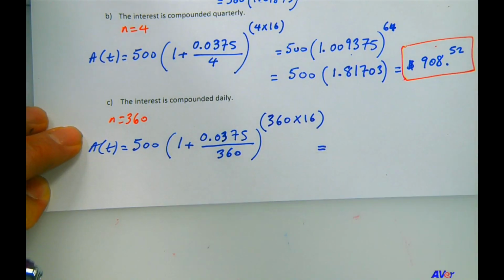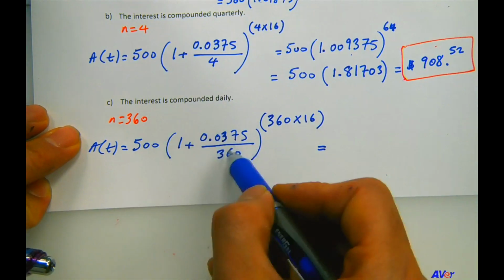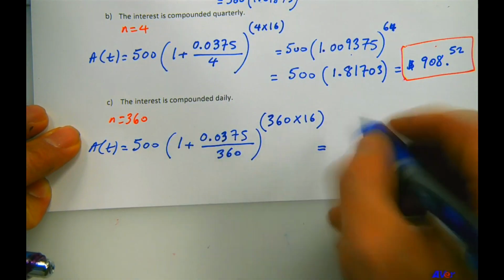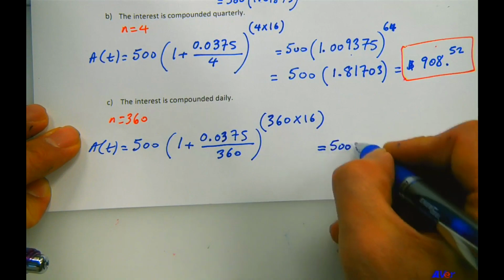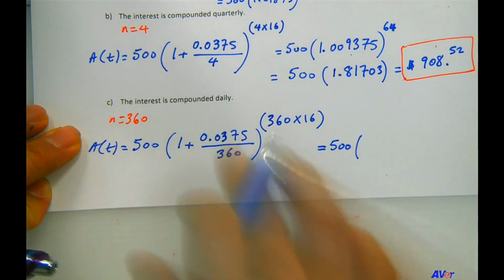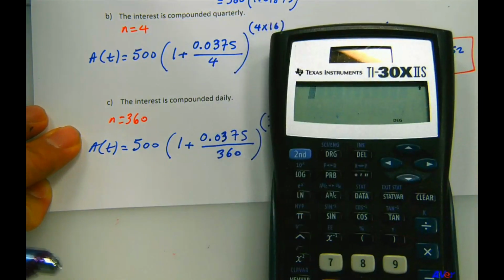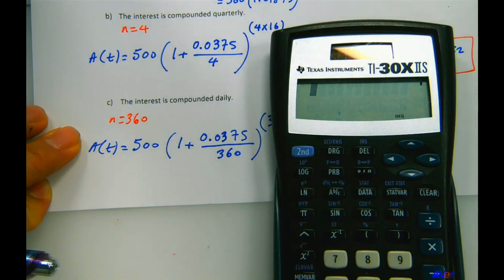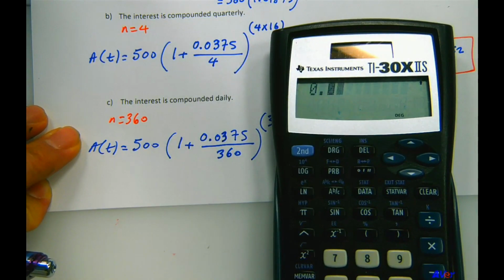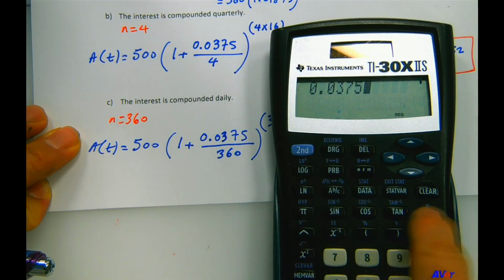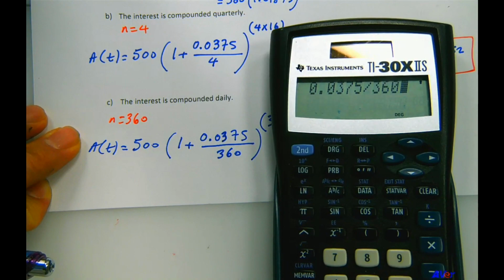Okay, so let's calculate this quantity. Again, we start with the inside to observe the order of operations. So we have 500 times, let's calculate that quantity. We want to know what is this value? 0.0375 divided by 360, right?